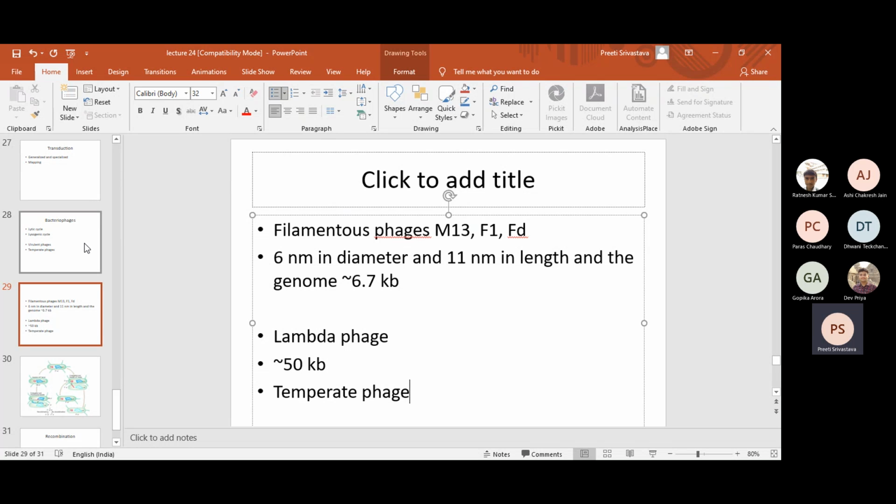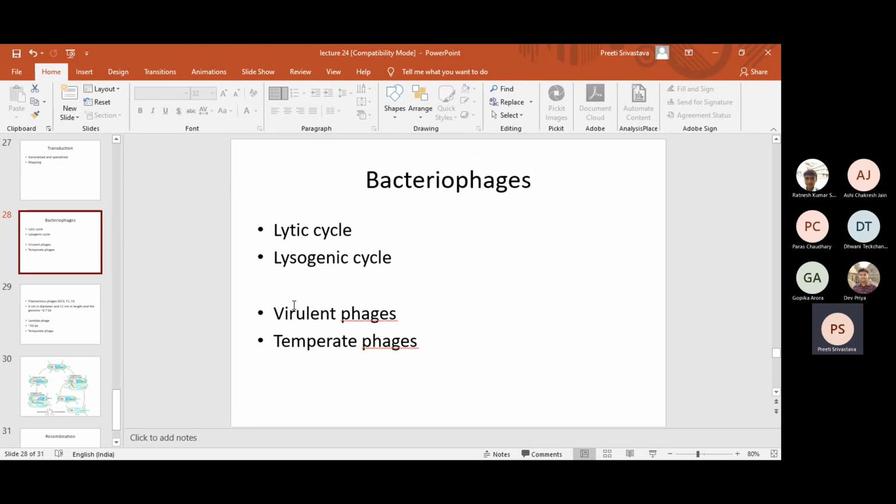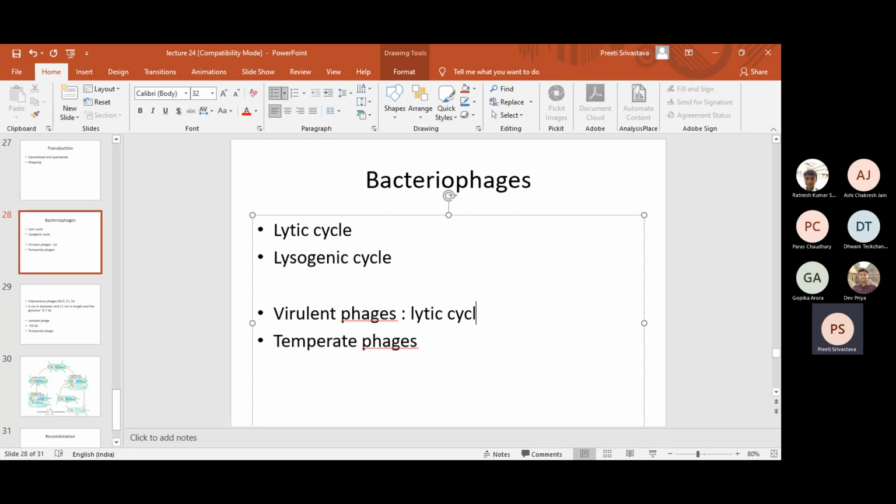When we classify phages, they are classified as virulent phages. Virulent phages are the ones which can lyse the cell, which show only the lytic cycle. Whenever they infect, they actually lyse the cell, and therefore they are called virulent phages.